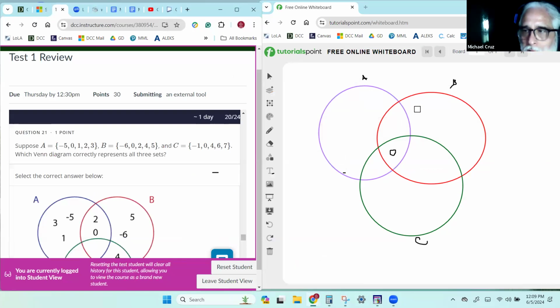So now let's go A and B. What do A and B have in common? 2. Yeah, 2. That's it, right? So A and C have nothing in common, right?